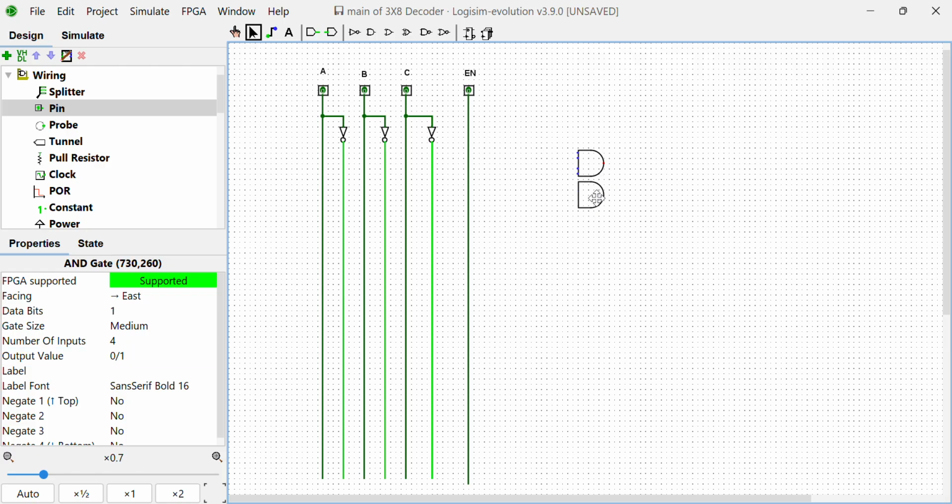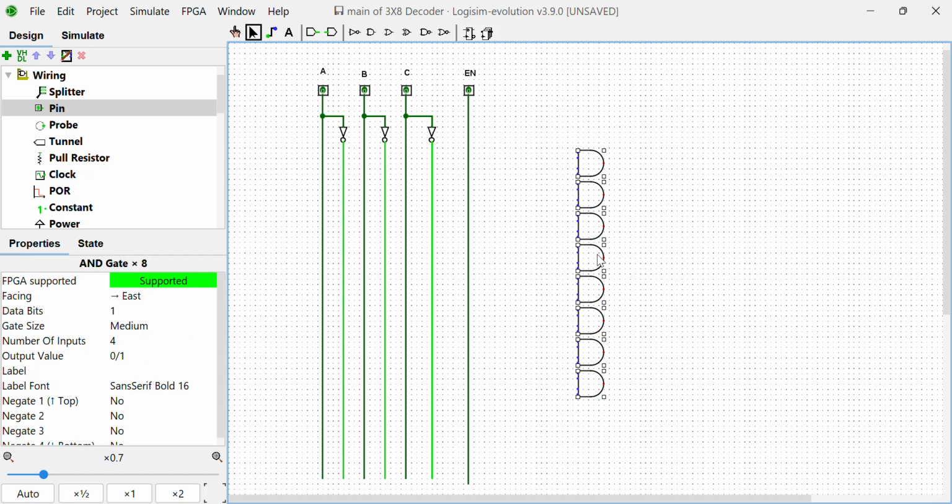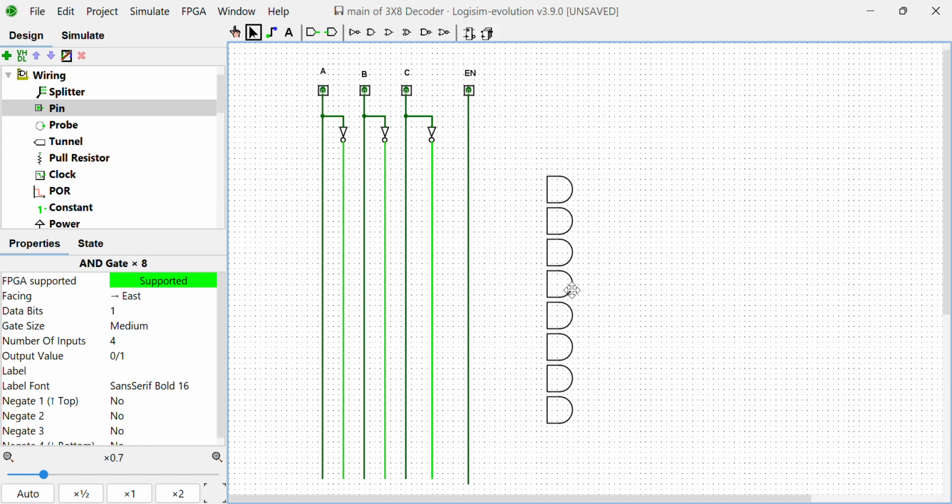So we just have to copy and paste the AND gate for the inputs. So we are just copying and pasting. So we need 8 of it. We need to position it well.